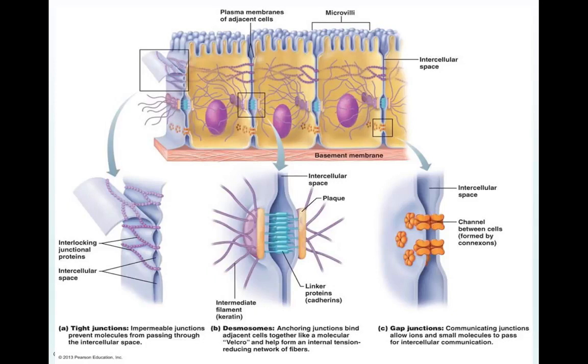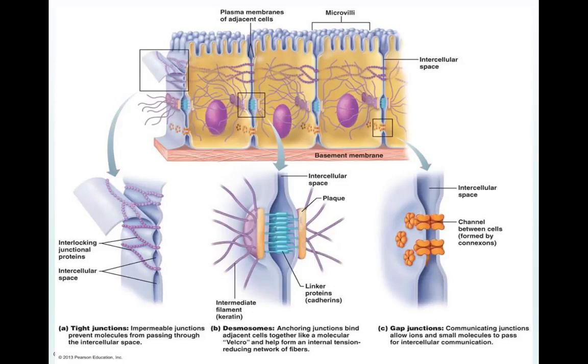Another way you can think about them is Velcro. So desmosomes are very similar to Velcro structures that connect the cells together, and these structures actually expand throughout the cell as well. So these extensions you see right here continue to become the linker proteins you see between the two cells. Desmosomes are extremely important for anchoring your cells together.